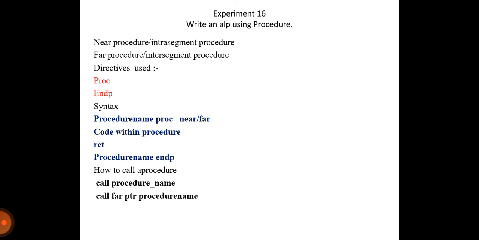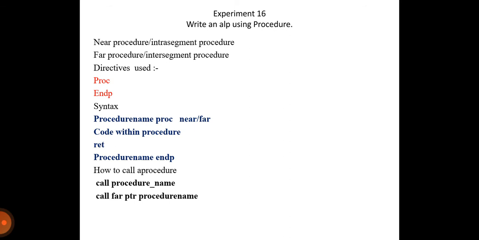When we define an inter segment procedure, there are two values which need to be stored in the stack memory. One is IP, obviously, and the other is the code segment register, the CS register.